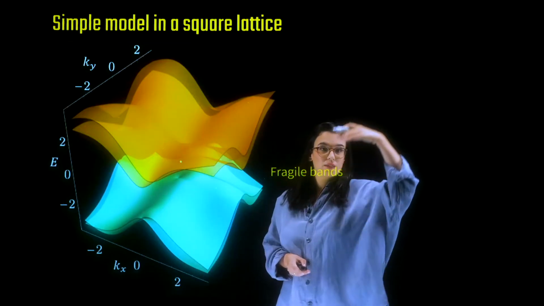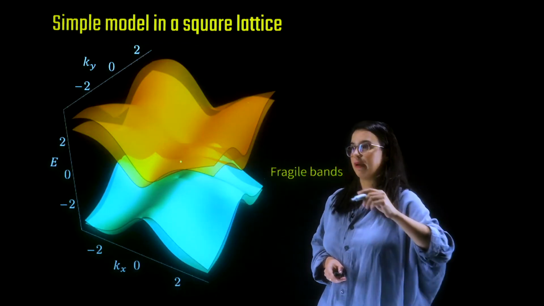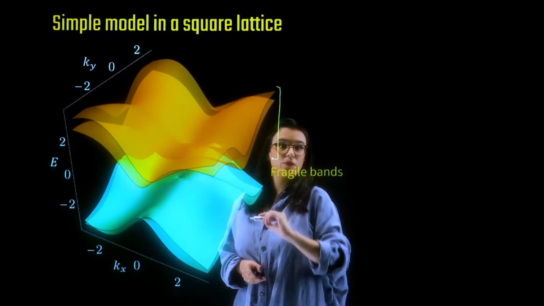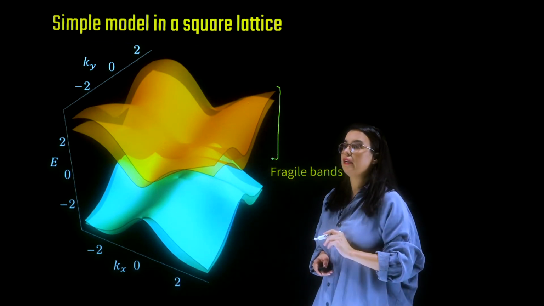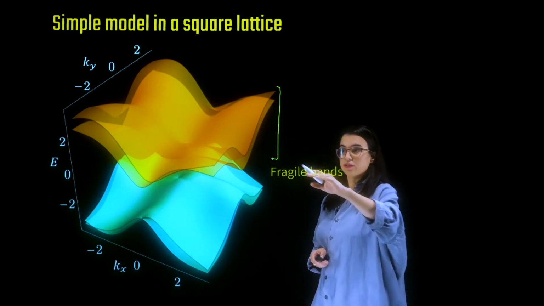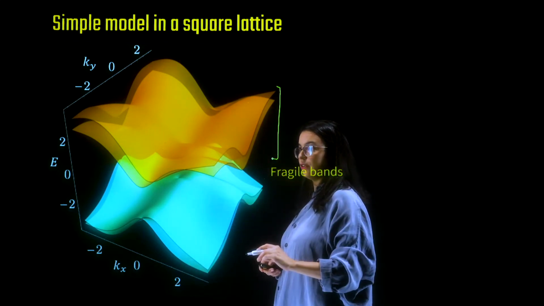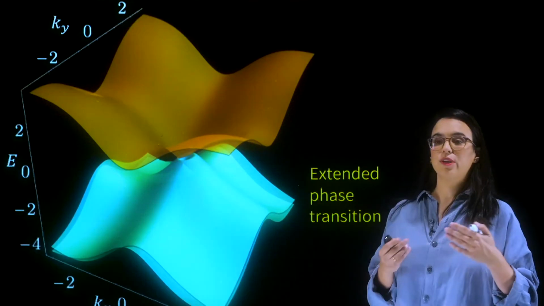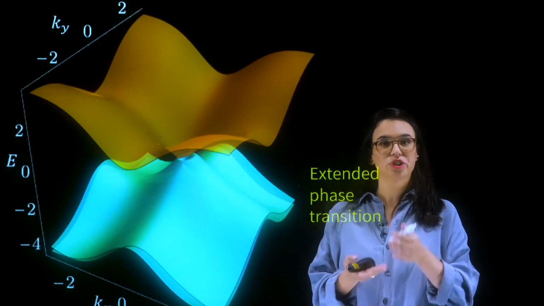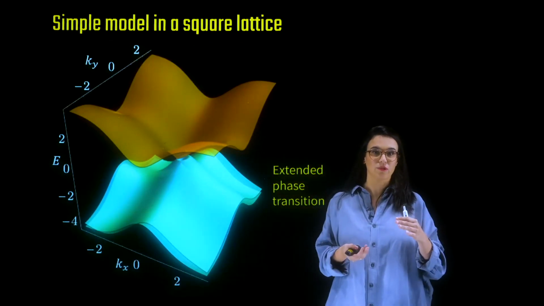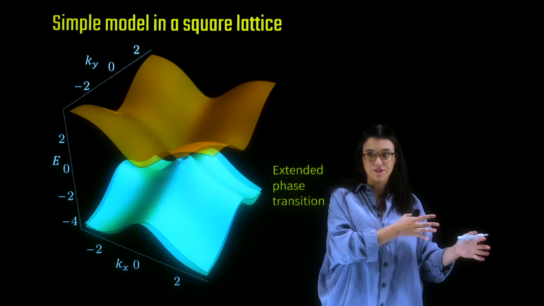We can bring the upper bands, the unfilled bands, which in this model are also fragile, so they are not trivial. And we can couple the unfilled with the filled bands, so we can remove the fragile topology by tuning the mass term in the Hamiltonian and tune it into a trivial phase.